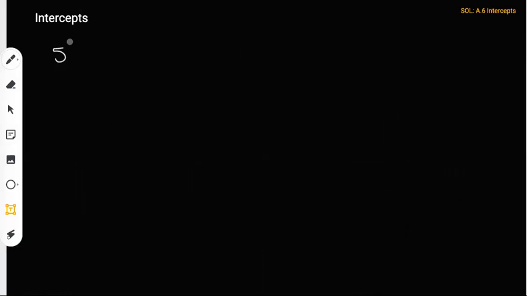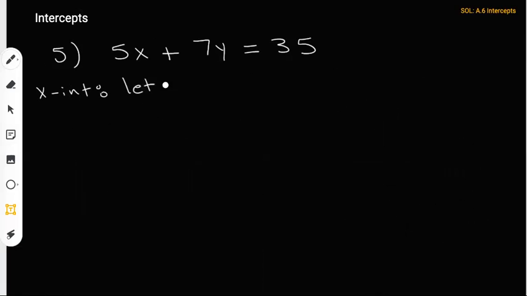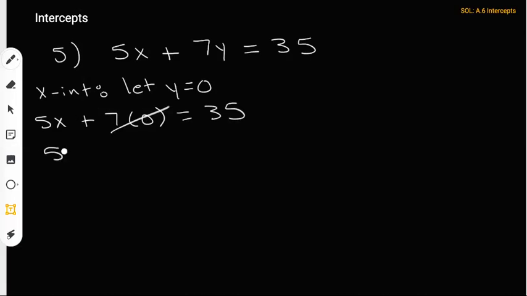Let's look at 5. 5 tells me 5x plus 7y equals 35. So to find the x-intercept, I need to let y equal 0. When I do that, I get 5x plus 7 times 0 equals 35. 7 times 0 is 0, so I'm left with 5x equals 35.